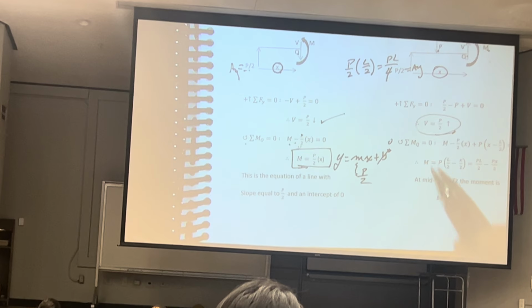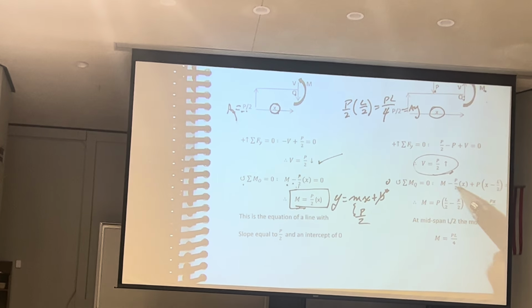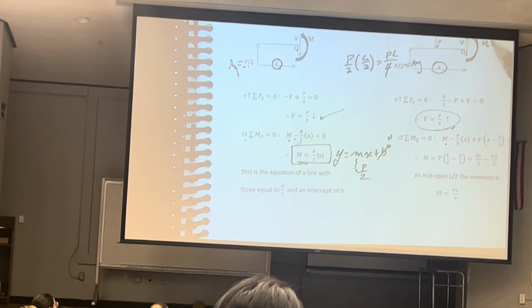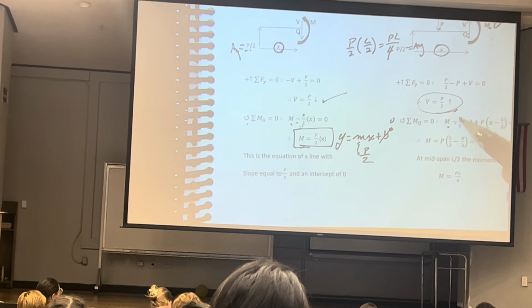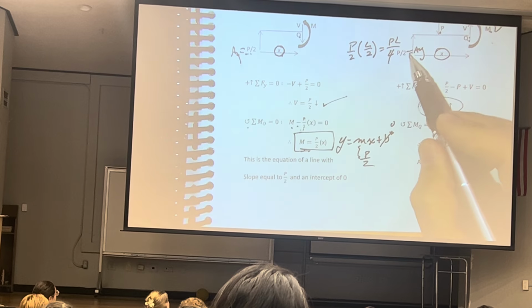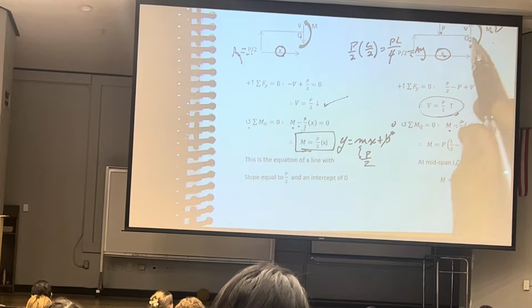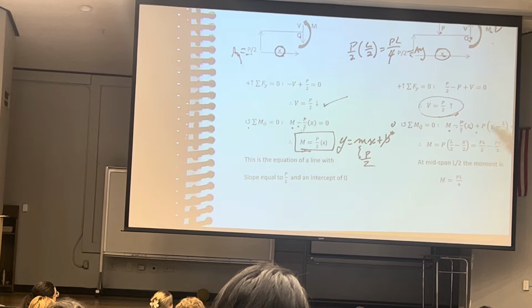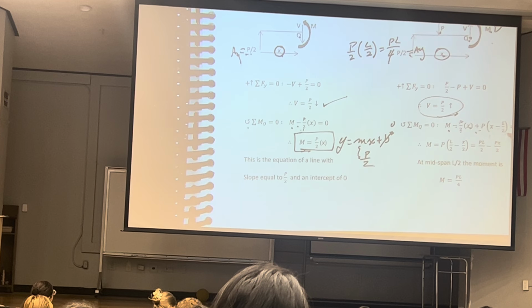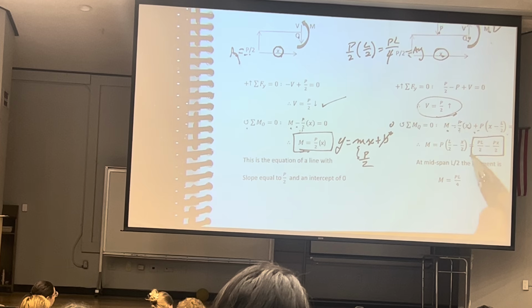If I do the moment at Q, I'm going to get M, which is this guy. Then I'm going to get minus P over 2 times X, that's this guy, times this distance X to get to Q, plus P times X minus L over 2 equals 0. So I'm going to get an equation for the M that looks like this.